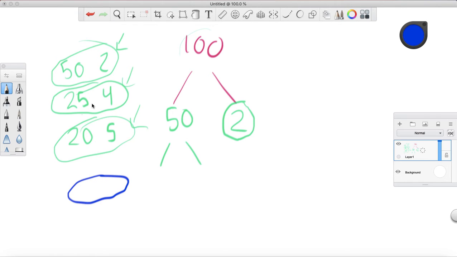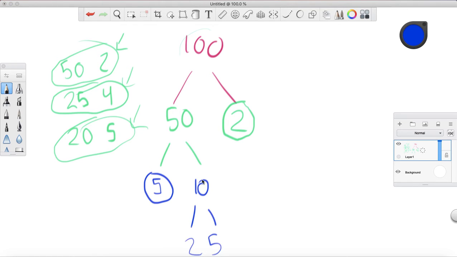There's like 5 and 10, and then there's 25 and 2, and there's many more. So I'm just going to do 5 and 10 because I think those are easier. Do whatever is easier for you guys. 10 goes into 5 and 2, and then this is it.